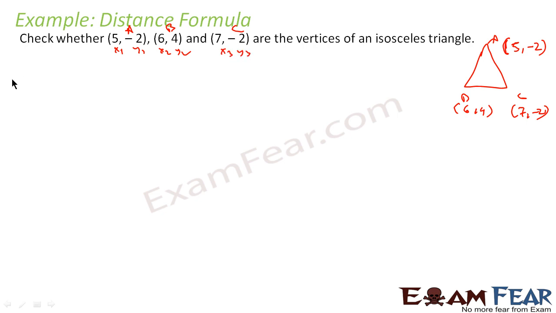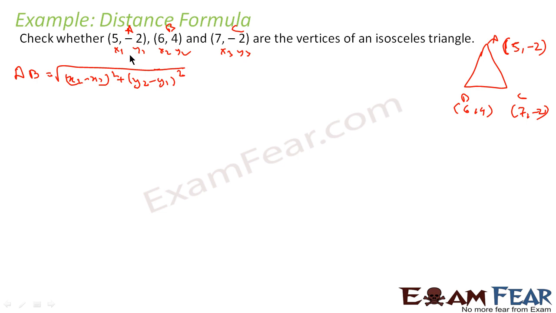Now the distance between A and B, that is AB, is nothing but root over (x2 minus x1) squared plus (y2 minus y1) squared. Correct?